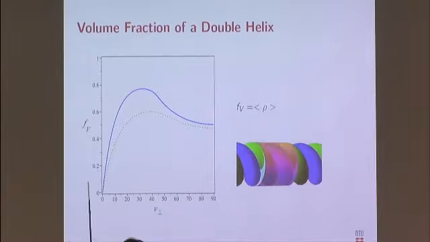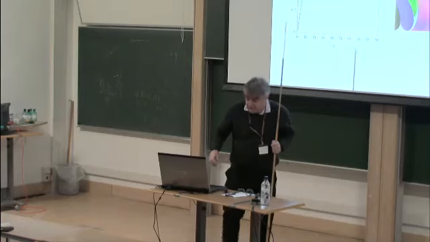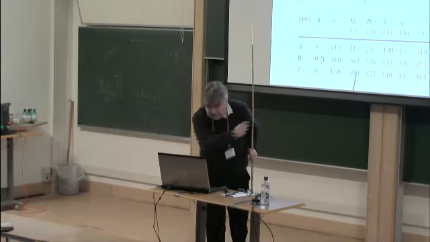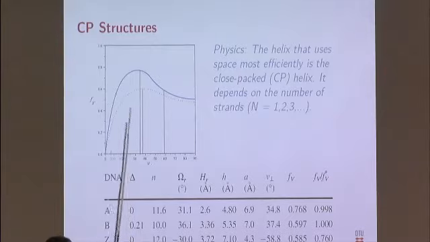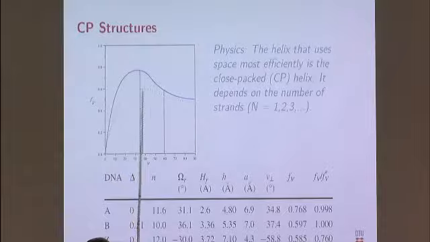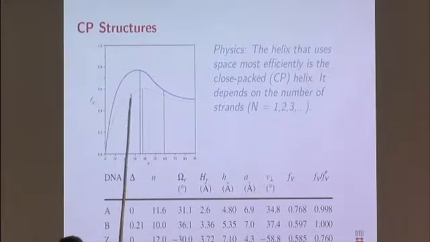O'Hara has similar results as the one I've shown here on the view graph. But the essential thing to take out is that there is a maximum. So it would be natural for nature to have used this maximum. Can I just go down here? Yes. And that's what you see here. The maximum here corresponds to DNA A. And this curve here is for DNA B, which is an asymmetry called the double helix, and it is close to the maximum.